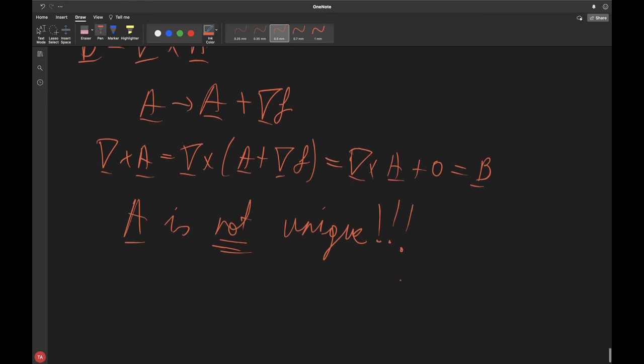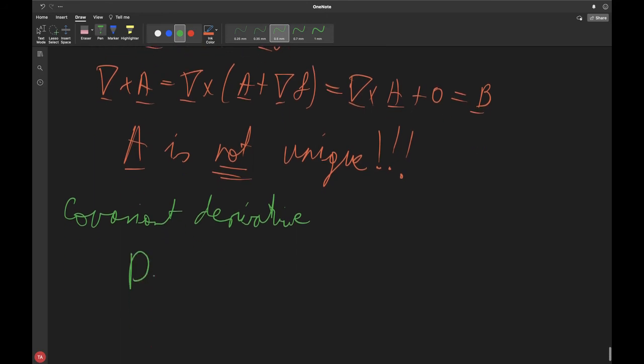To deal with this situation, we will introduce the so-called covariant derivative, and we denote that with an uppercase D. That's going to be defined as our standard derivative d mu, and we add to this i, some factor q, and A mu.